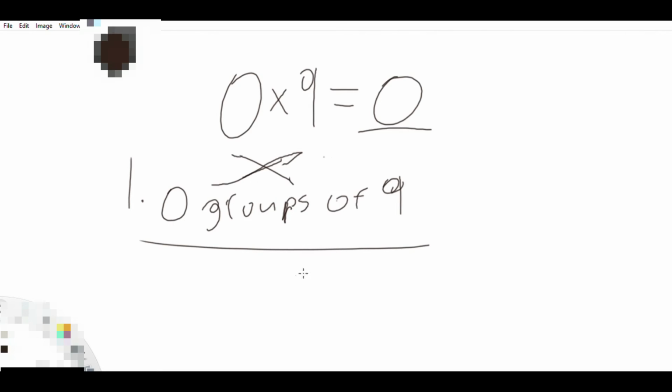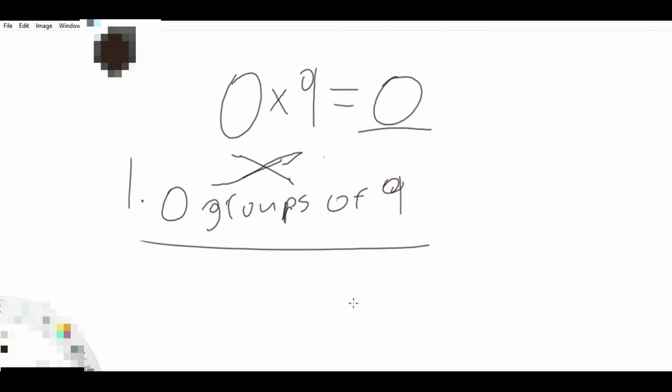For 9 times 1, for example, there's 1 nine, which makes it 9. For 9 times 2, it's 18, but there's 2 nines. You could say that it's 9 plus 9 equals 18 also, or 9 times 2.